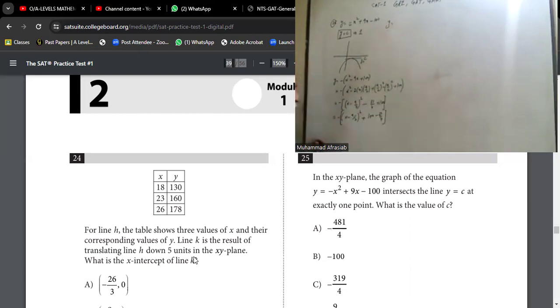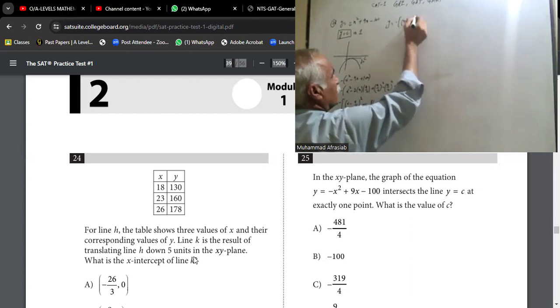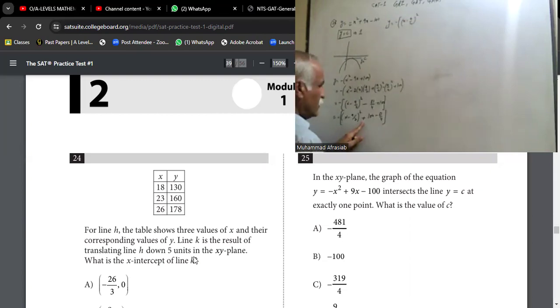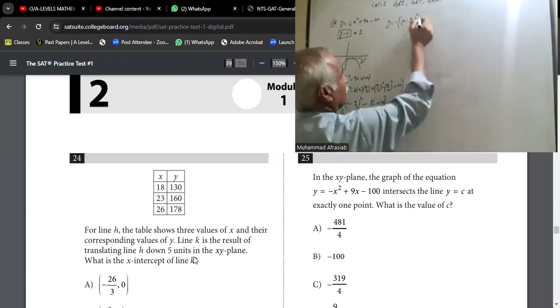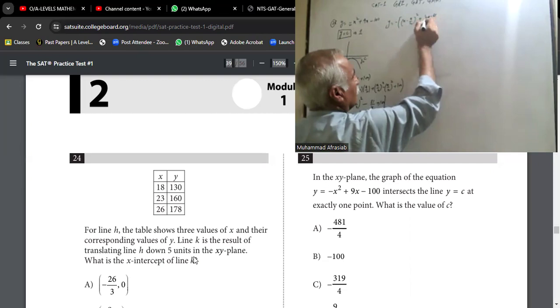So y is equal to minus x minus 9 over 4 whole square plus 400 minus 81 over 4.